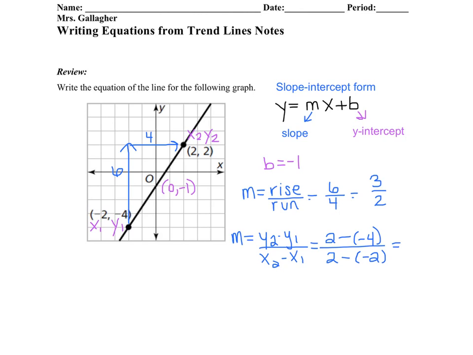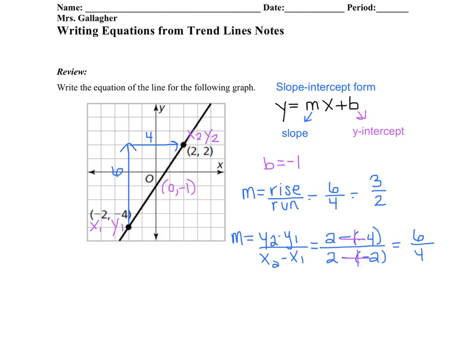So now we're going to solve 2 minus a -4. That becomes a plus sign. So you have 2 plus 4, which gives us 6. And then 2 minus a -2. 2 negatives become a plus sign. So 2 plus 2 gives us 4.